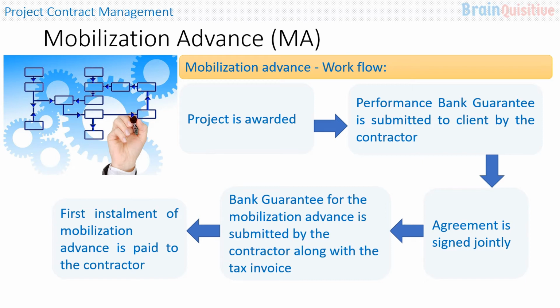This cycle repeats for the remaining part of the mobilization advance if the mobilization advance is not paid to the contractor at a time and paid only a part in the beginning of the project and the remaining are paid in predefined points of the contract as already discussed.